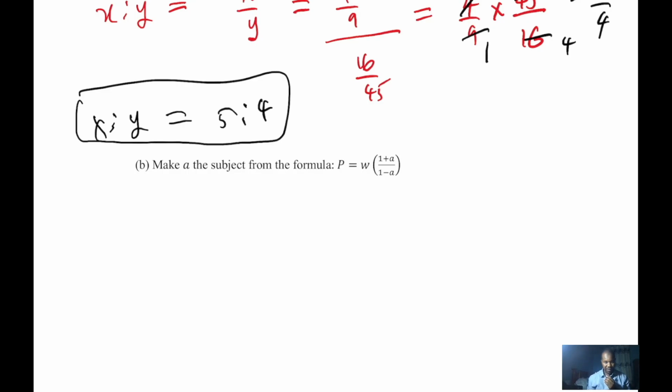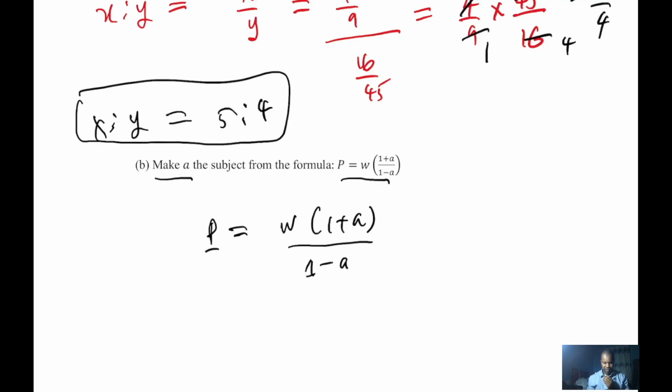We are going to jump to question number 4b, and with question number 4b, we're supposed to make a the subject from this given expression. So the way the expression is, you have p equals w in the bracket 1 plus a divided by 1 minus a.